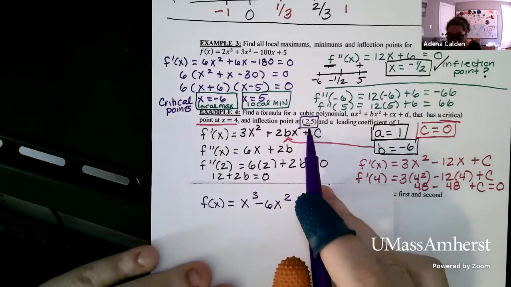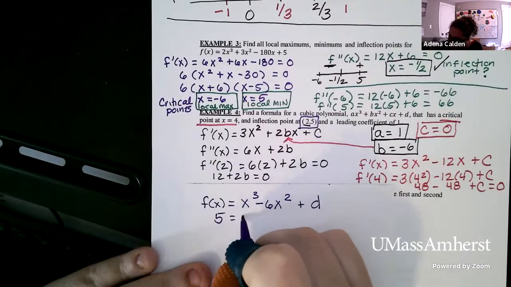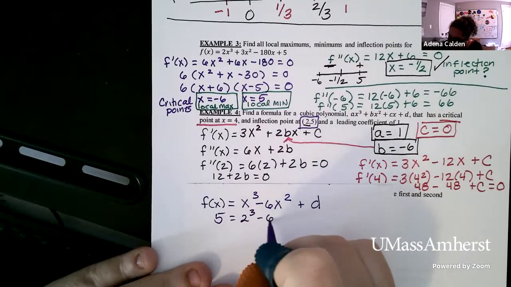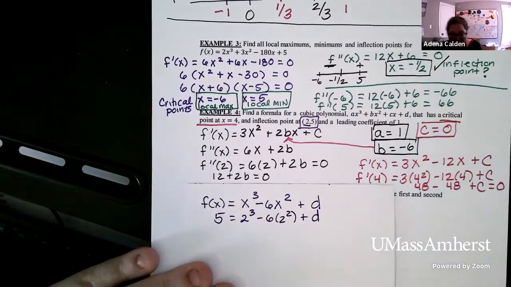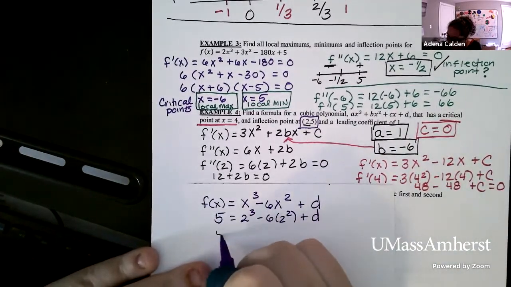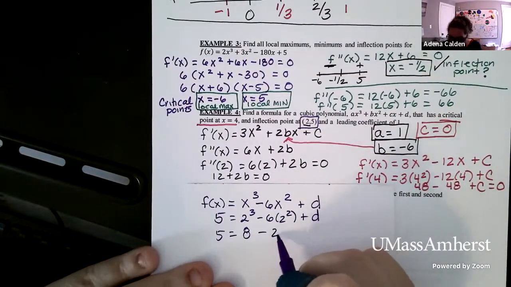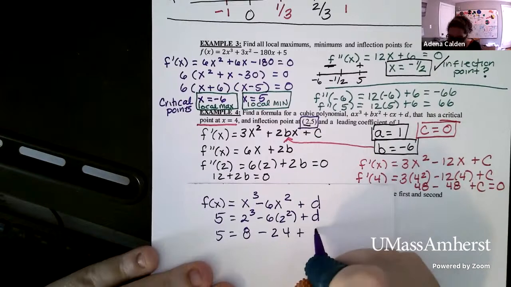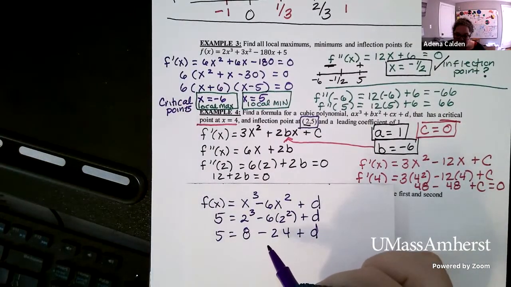So this says when x is 2, y is 5. So we have 5 equals 2 cubed minus 6 times 2 squared plus D. Right? So we have 5 equals, this is going to be 8 minus 24 plus D. 8 minus 24 is negative 16.